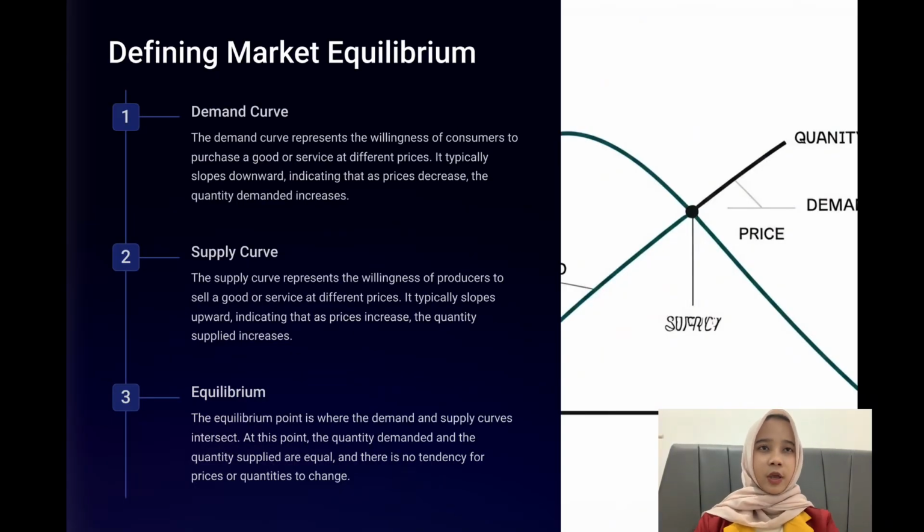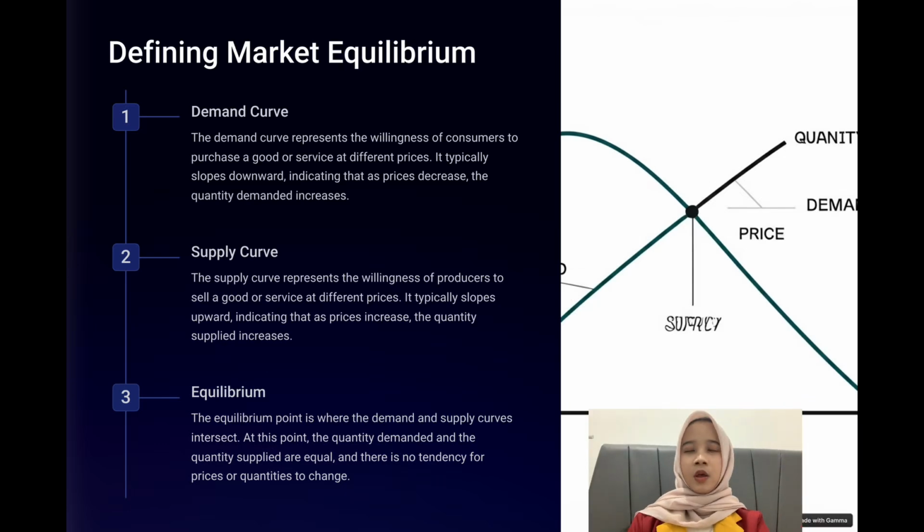Defining market equilibrium. 1. Demand curve. The demand curve represents the willingness of consumers to purchase a good or service at different prices. It typically slopes downward, indicating that as price decreases, the quantity demanded increases. 2.